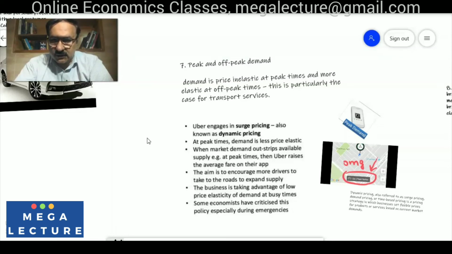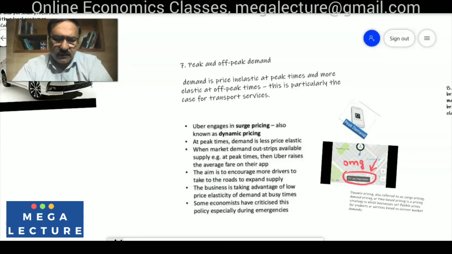A higher price is charged. The aim of charging a high price to the customer is to encourage more drivers to take to the roads to expand supply. So businesses take advantage of low price elasticity of demand at busy times.